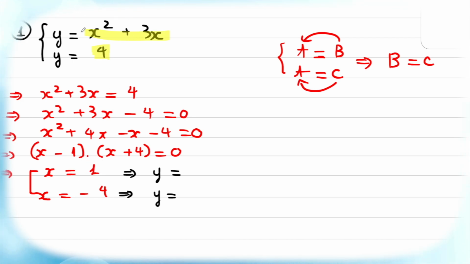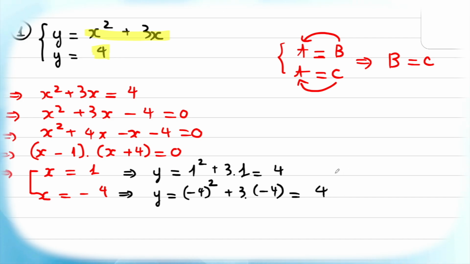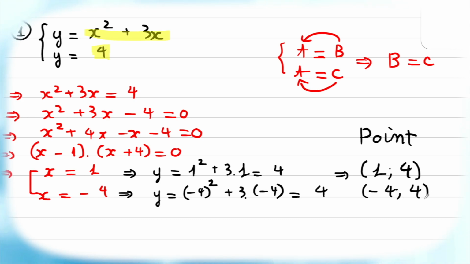With x equal to 1, substitute it in: 1 squared plus 3 times 1 equals 4. For the second one, minus 4 inside the bracket squared plus 3 times minus 4 is also equal to 4. So the answer to this question has to be in the form of points. The first one is 1 and 4, which means x equal to 1 and y equal to 4. The second one is minus 4 and 4.